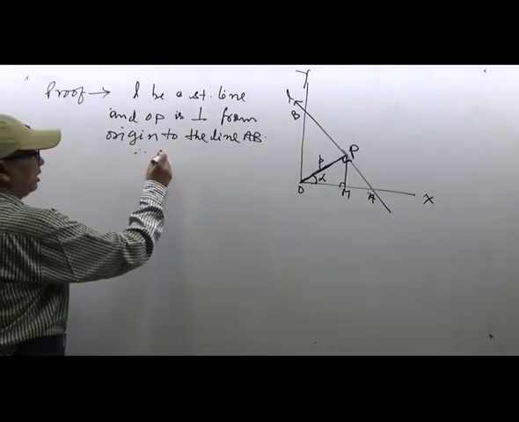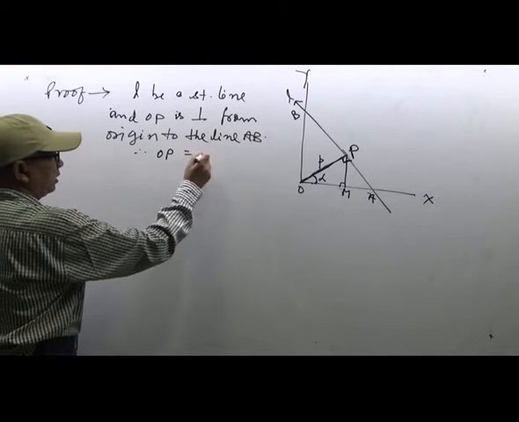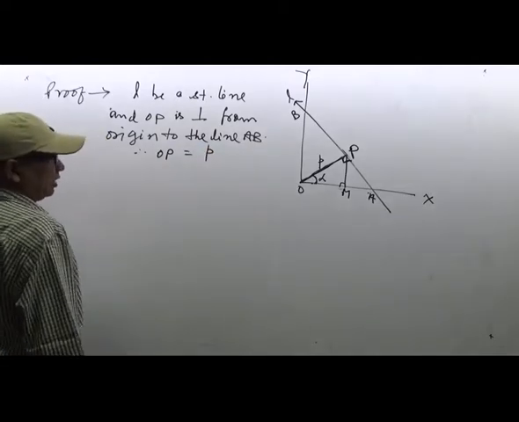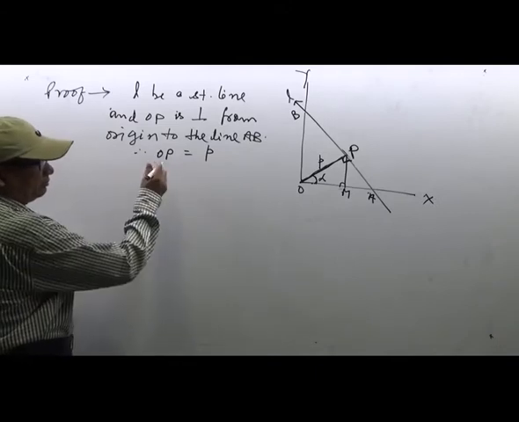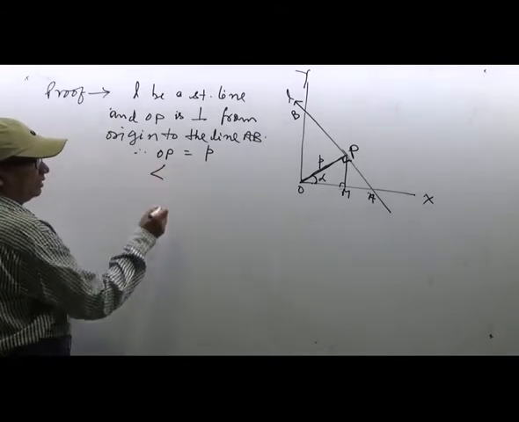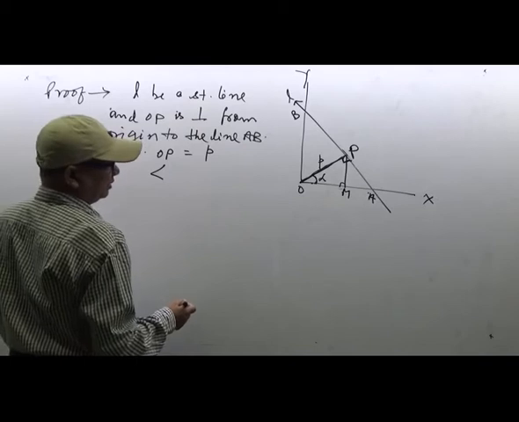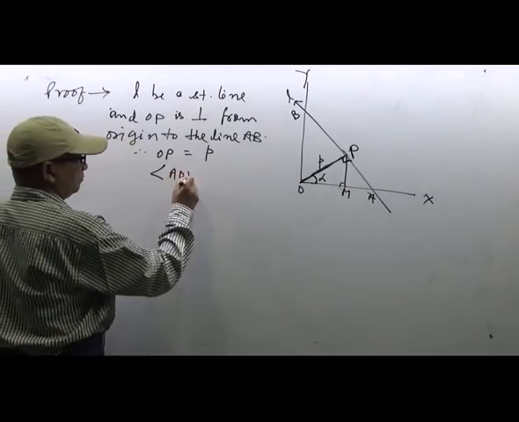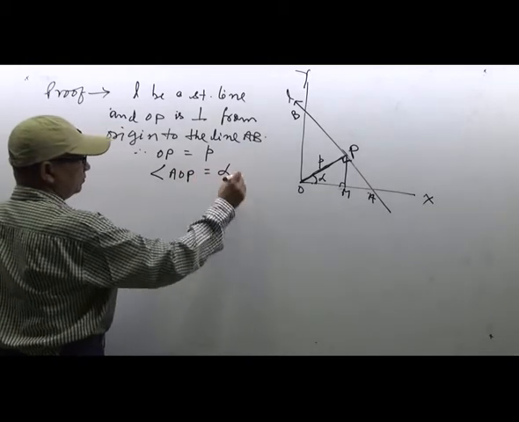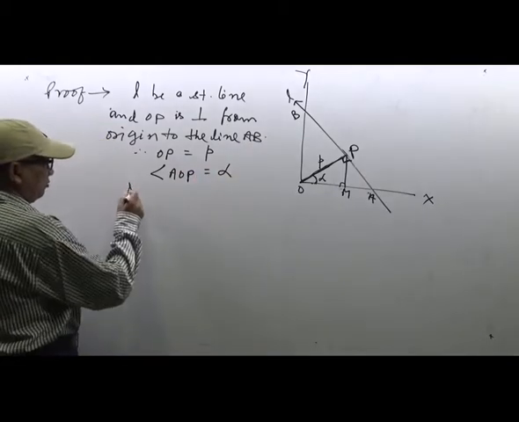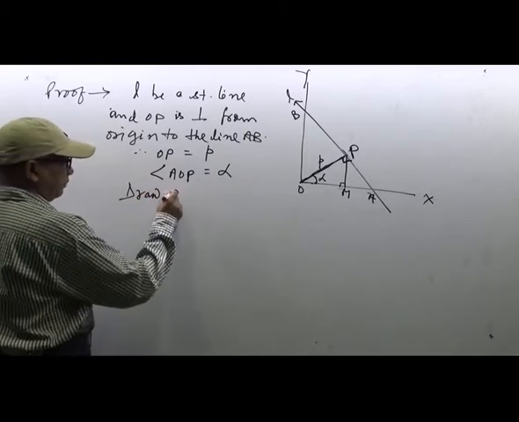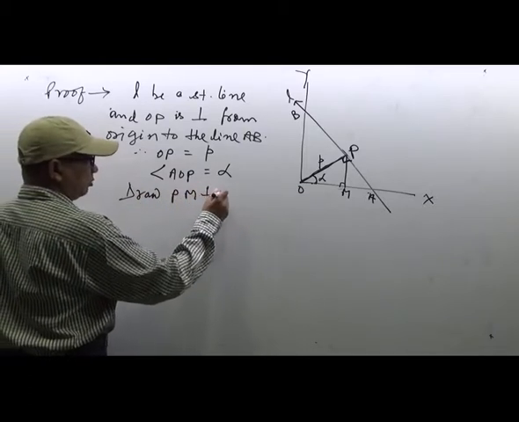Therefore, OP is equal to small p units, and it is given that angle AOP is equal to alpha. Draw PM perpendicular on OX.